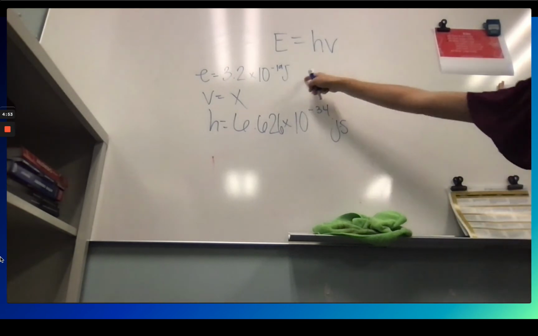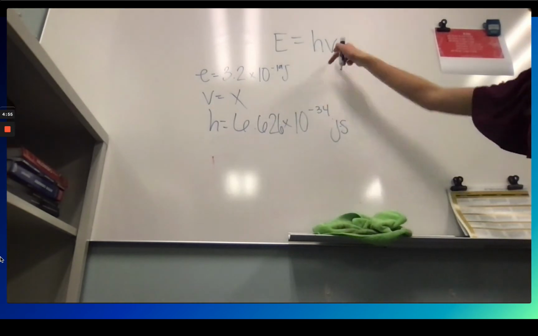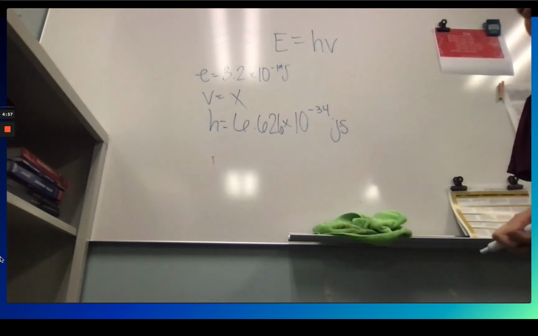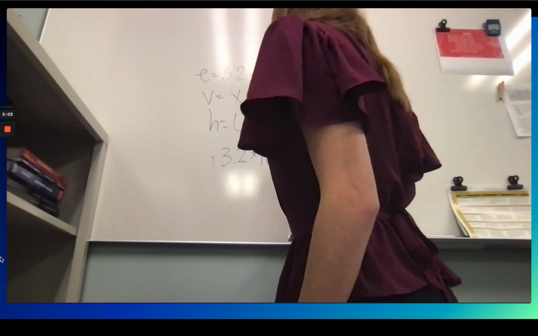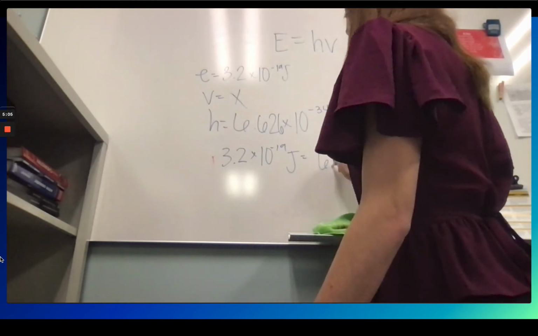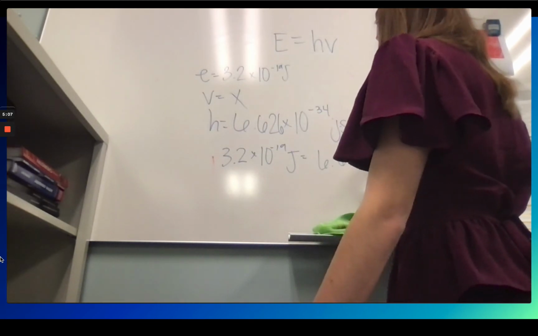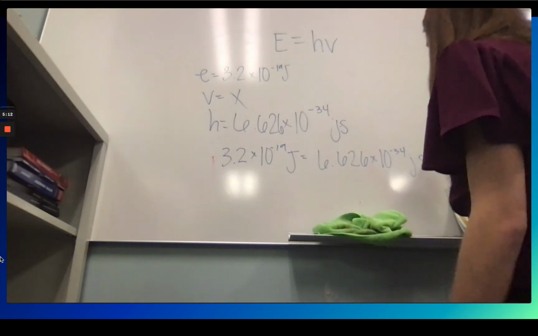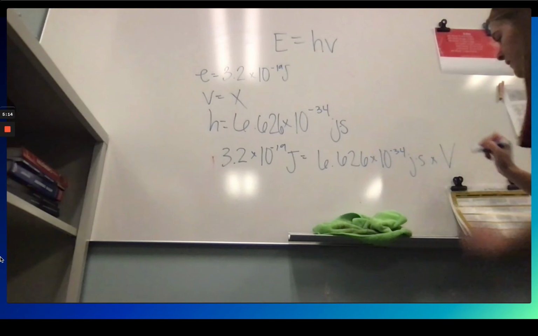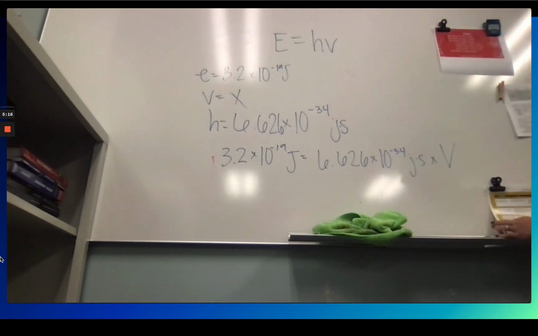Okay, so we're going to use these, E, v, h, and just plug them into what we were given. So we're given E, so we have 3.2 times 10 to the negative 19 joules equals our 6.626 times 10 to the negative 34 joules per second times our frequency, which we don't yet know.